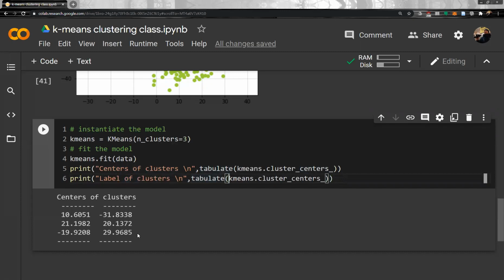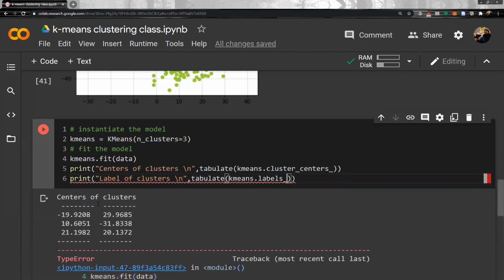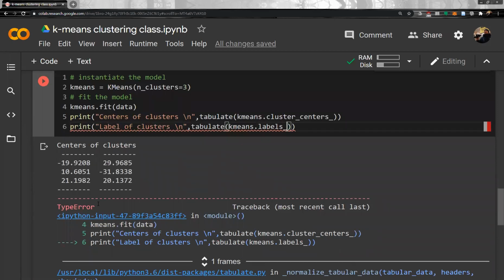And then tabulate kmeans.labels_. Print.